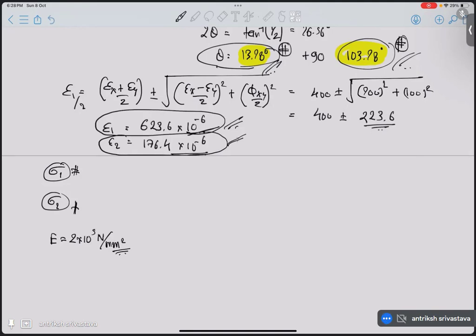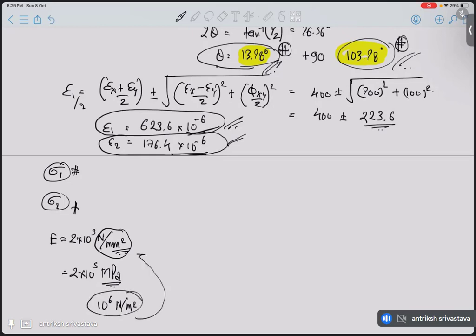One more thing, Newton per mm square is also written as megapascal. That is nothing but 10 power 6 Newton per meter square. When you write it like this, it is very obvious, but many of the times we can save 1 or 2 seconds in each question if we just remember that Newton per mm square is megapascal. Okay, just a side note.